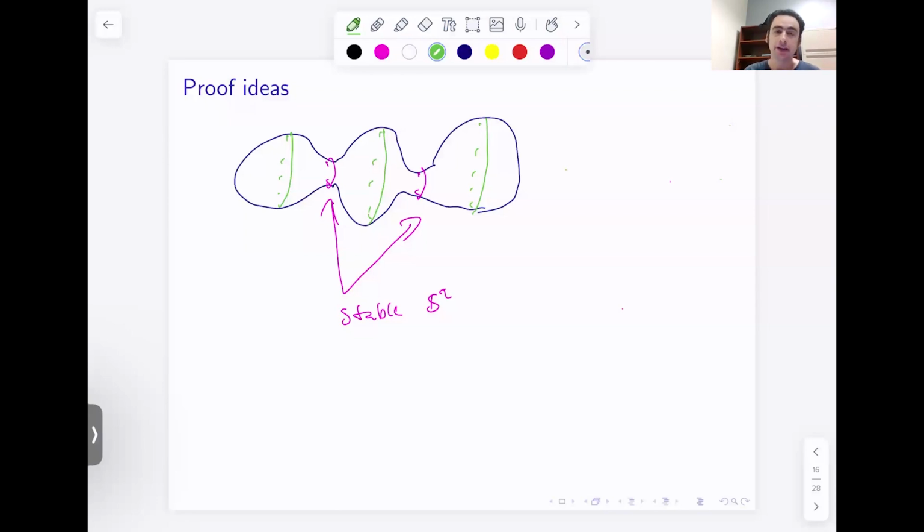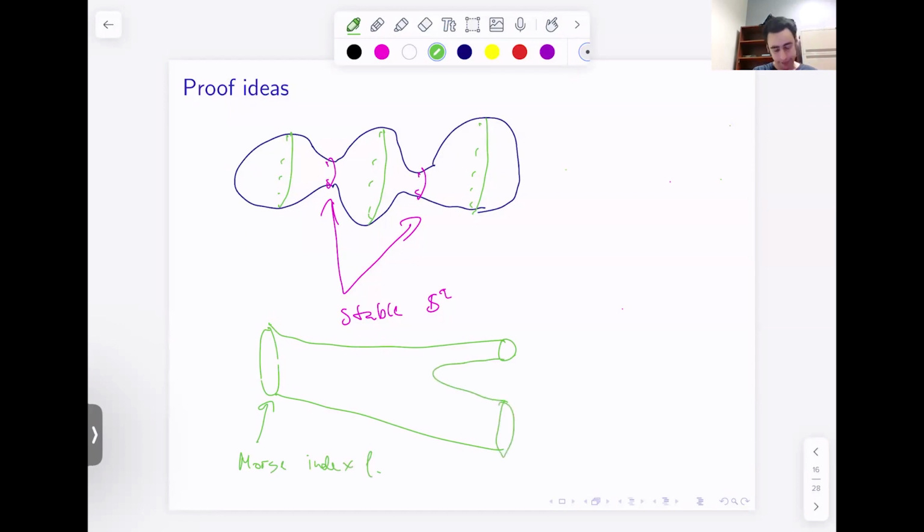But we do also get area and diameter bounds for these Morse index 1 minimal surfaces. So we end up with pieces that look somewhat like this. They have one component, which is some Morse index 1 surface of controlled genus, because it corresponds to a Heegaard surface in this reducible component. And then on the other side, we have some stable two-spheres.